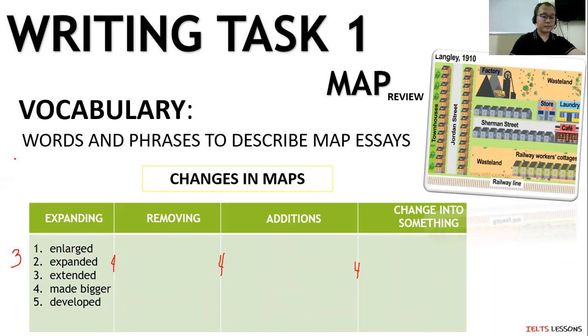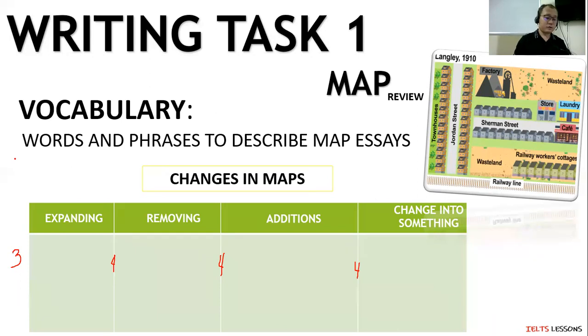Please write 3, 4, 4, 4: 3 for expanding, 4 for removing, 4 for additions, and 4 for change into something. And I'm going to give you 2 minutes to write the answers.